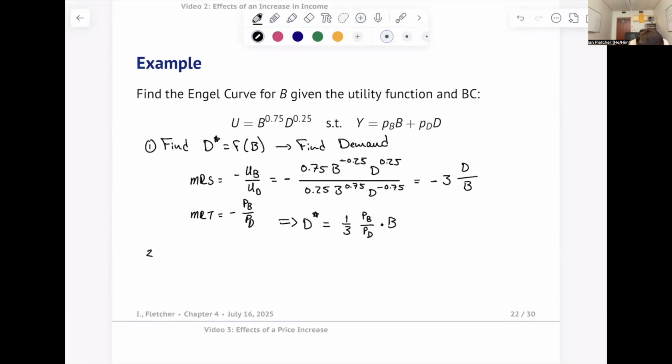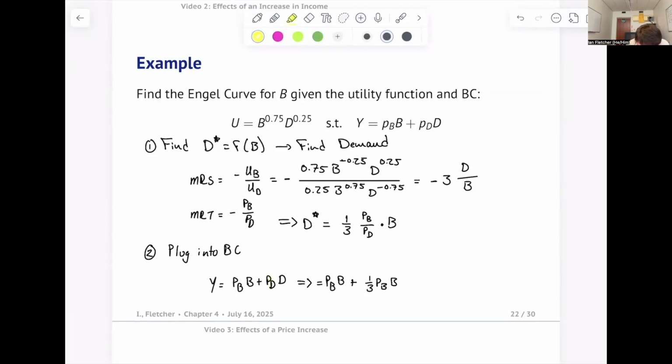Second, you are going to just plug into the budget constraint. So we're going to get Y equals PB B plus PD D, which then gives us PB B plus 1/3 PB B, because this PD here is going to cancel with this PD here.